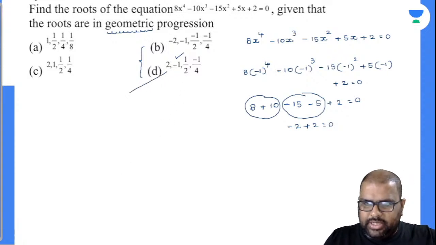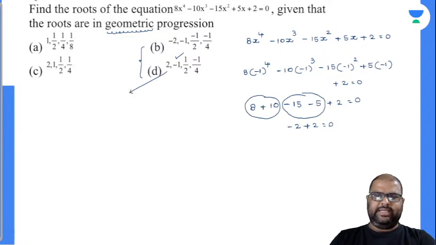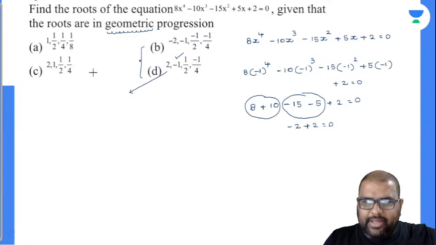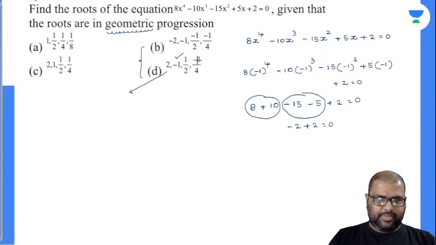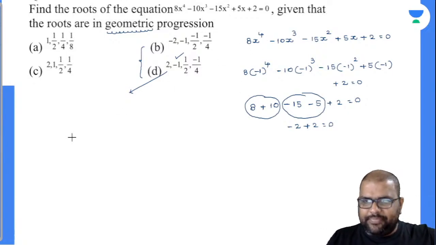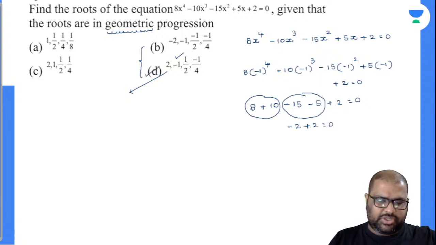Check with 2, then we can eliminate the remaining options and we can do it very, very easily also. And again, there are 2 options there, 1 by 4 and minus 1 by 4. Either of these has to be surely true. You can check that one also. So check this there. Automatically your option will be D option for sure.